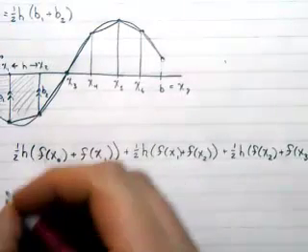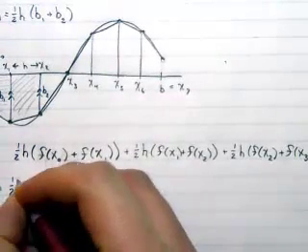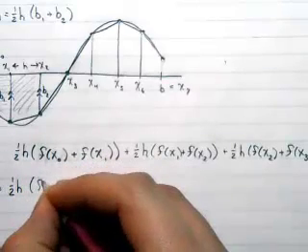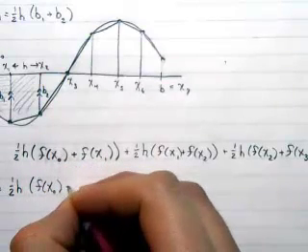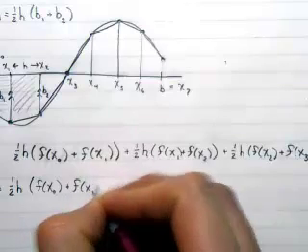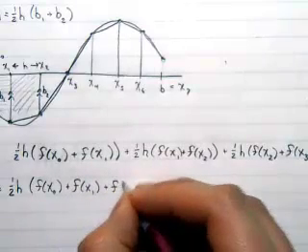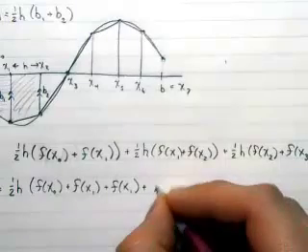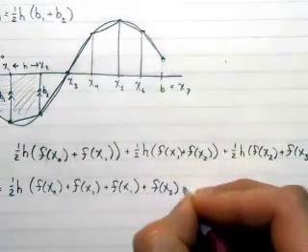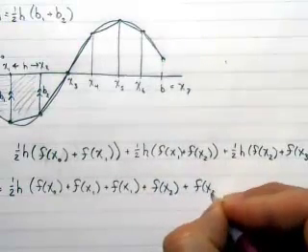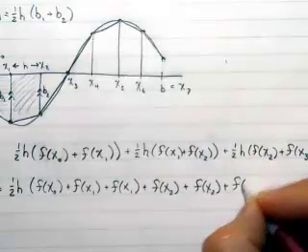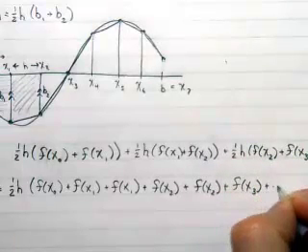So let's do that. So 1/2 h, that's going to leave me with f of x sub 0 plus f of x sub 1 plus f of x sub 1 plus f of x sub 2 plus f of x sub 2 plus f of x sub 3 plus etc.